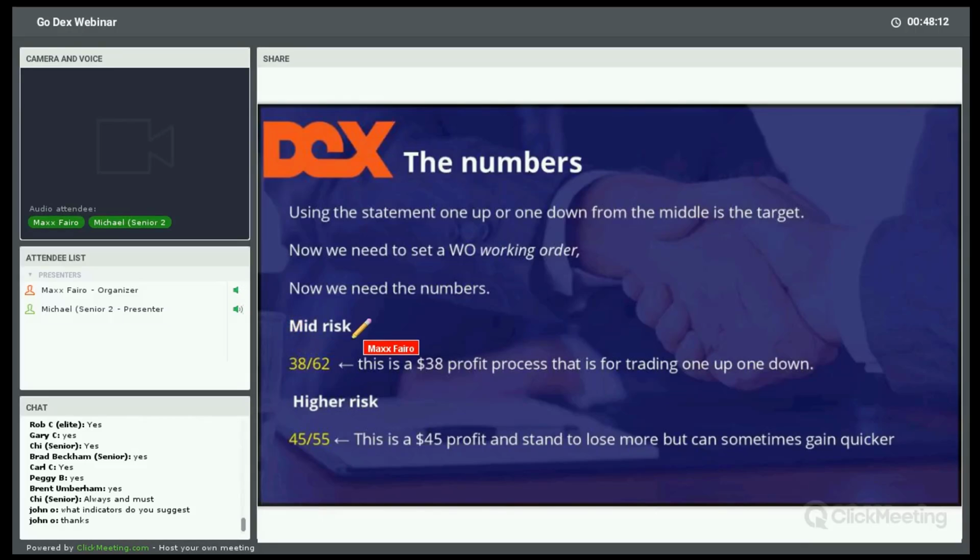So a mid-risk trade level that we're going to be using on a working order is something that Tim H and Mike came up with, working together. Mike was using a little bit lower variable, and Tim was doing a 38.62. Tim H, I think he's in the room here, right? Yep, senior level trader, wonderful person, came up with both of these strategies right here.